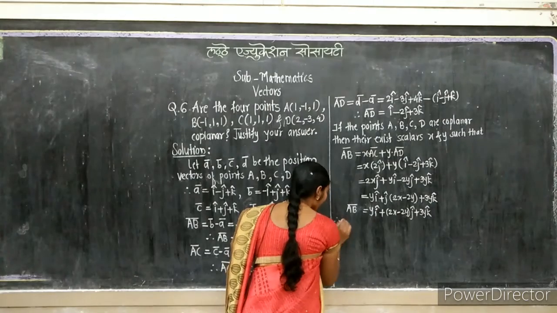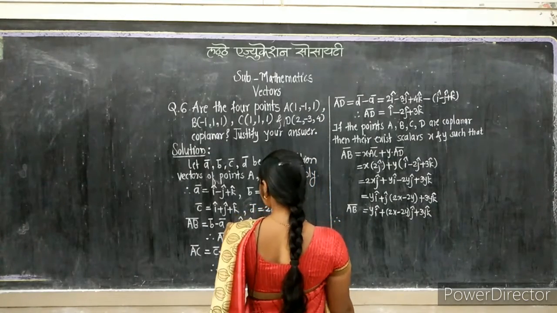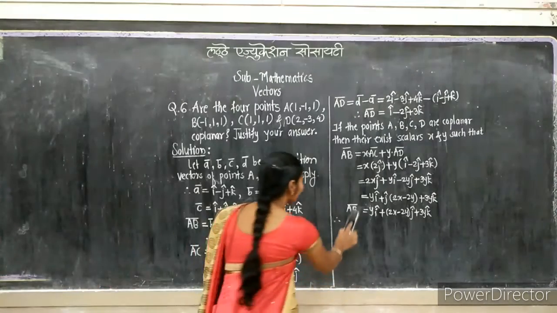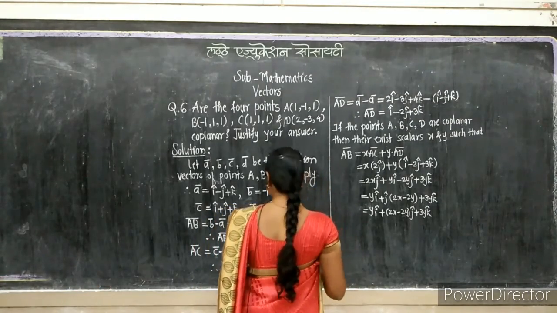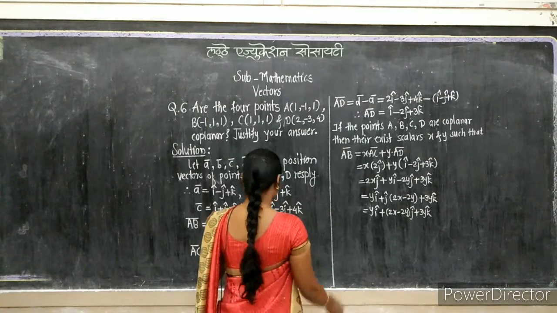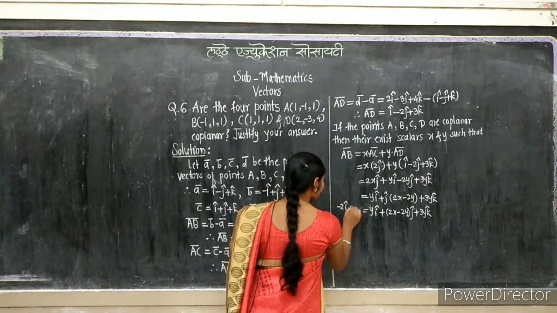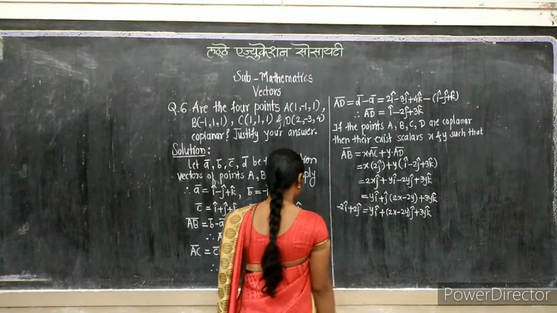By equality of vectors, substitute AB bar here: AB bar is equal to minus 2 i cap plus 2 j cap.